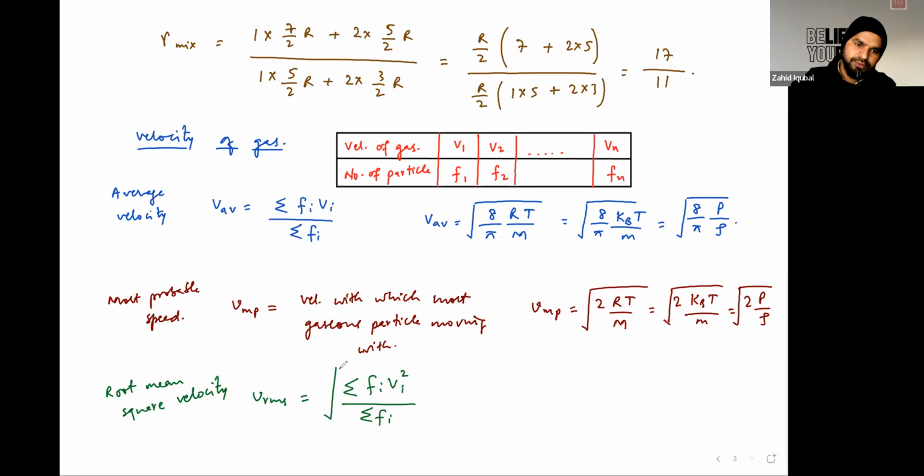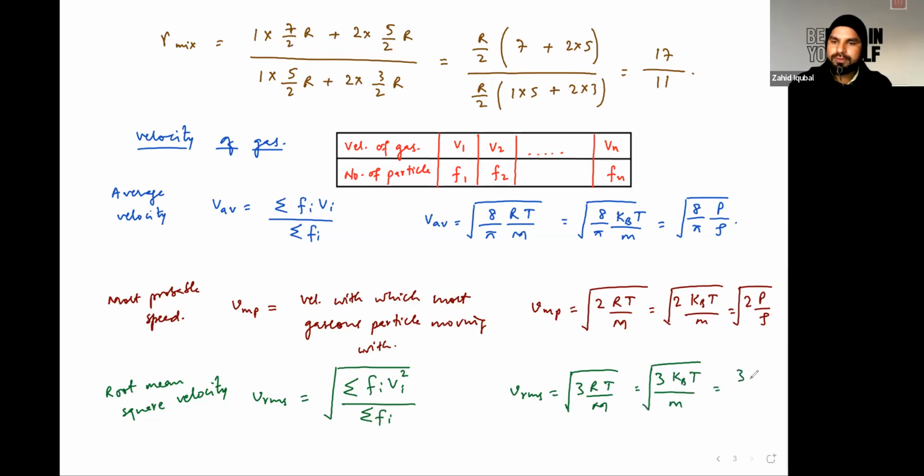If you take a root of this whole term, it gives the root mean square velocity. In terms of whole volume, VRMS is equal to root under 3RT by M, which equals root under 3 kBT by small m, or root under 3P by rho.